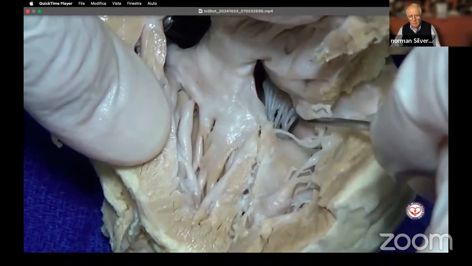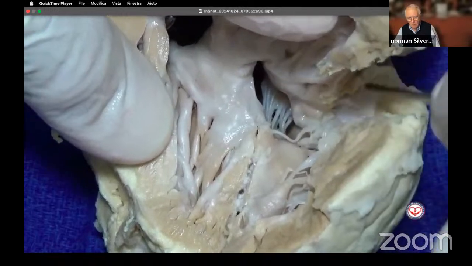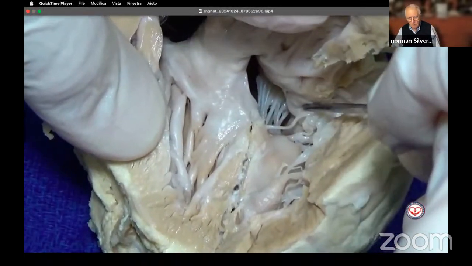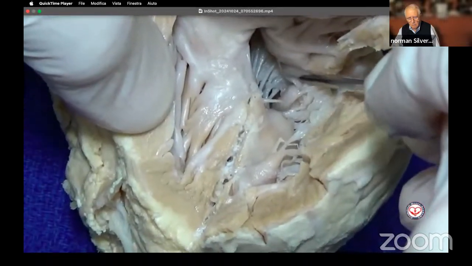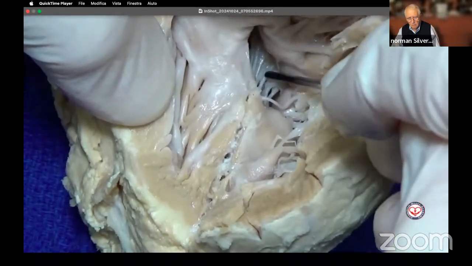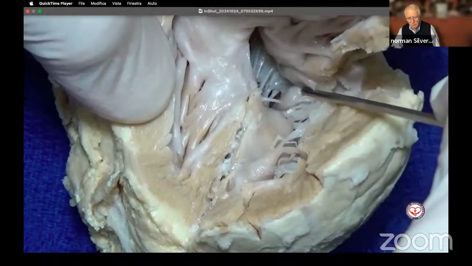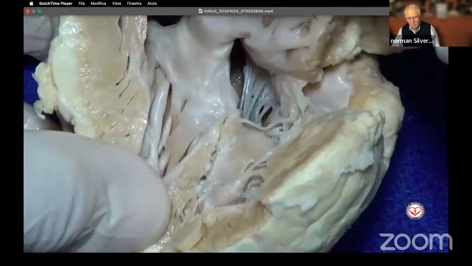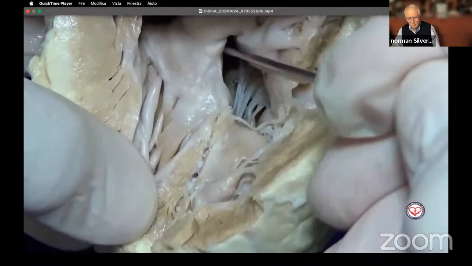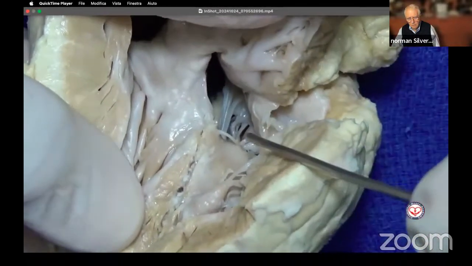The caudal arm in this case does not reach the inner heart curvature. So along the posterior aspect of this defect, we have fibrous continuity between the mitral valve and the tricuspid valve. This defect extends into the outlet of this right ventricle.